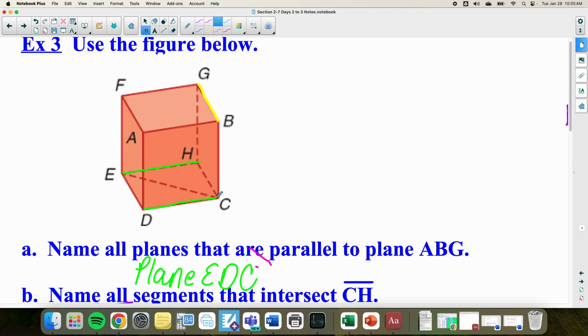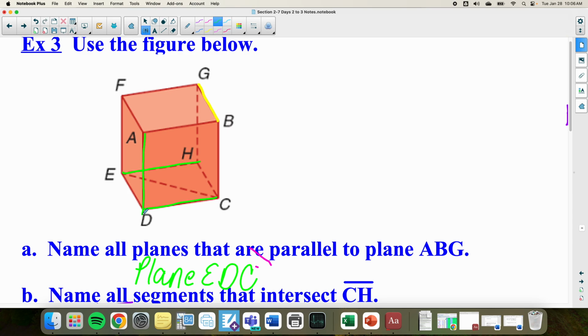There's 1, 2, 3, is 3 more. AD? AD, what do you guys think about that? Because it just goes straight down. Yeah. And then FE. Do you guys see that? Because GB, think of that as going this way, and AD is going straight up.